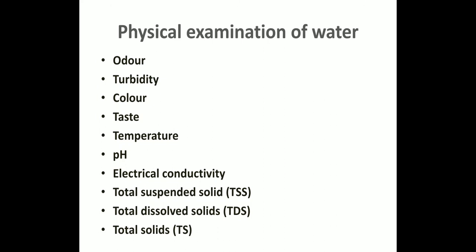The first point we discussed was the physical examination of water. This is a very interesting point of this unit. In that we discussed odor, which means smell. How can we identify the odor, and what methods can we employ for this?